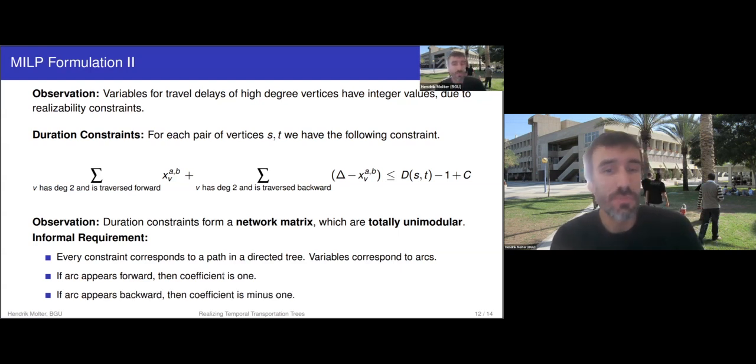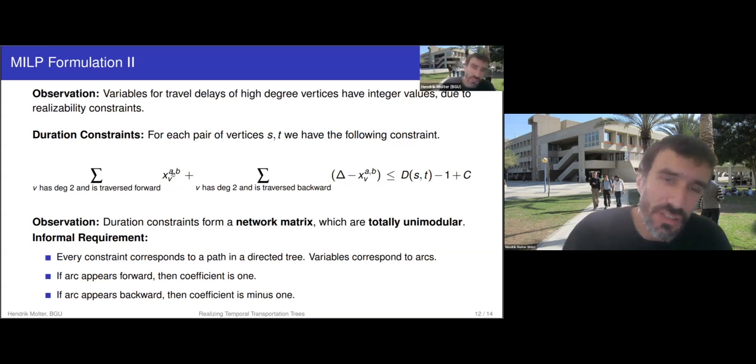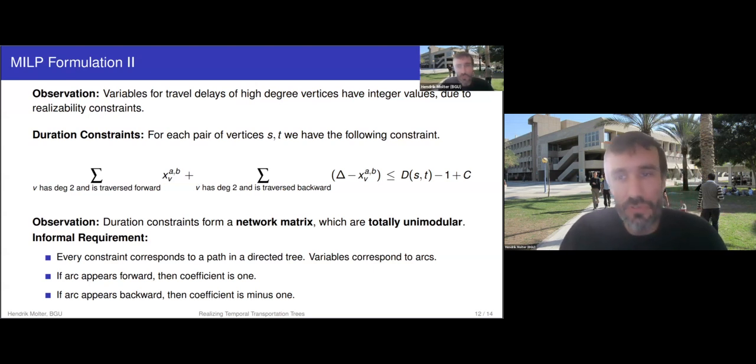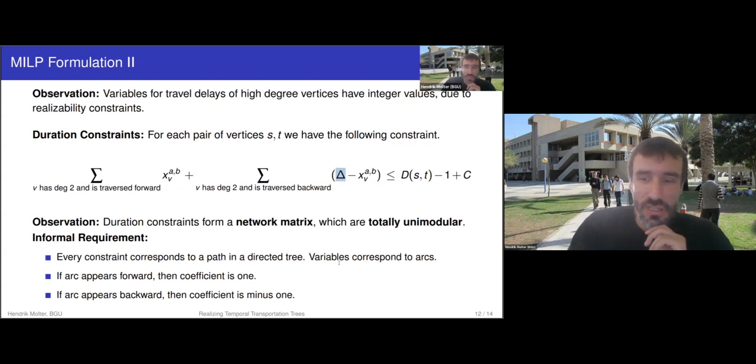And if the arc appears backward, then the coefficient should be -1. And here you can already see that we have this structure. So if this is traversed in a forward manner, we have coefficient 1. If this is traversed backward, we have coefficient -1, because obviously all these deltas we can also push to the other side of this inequality.